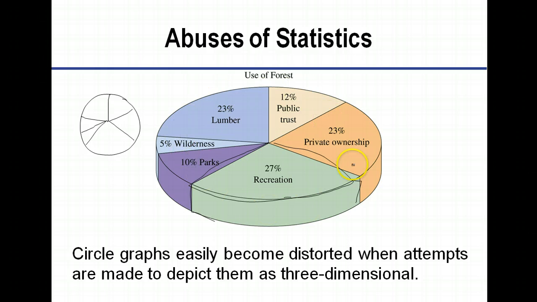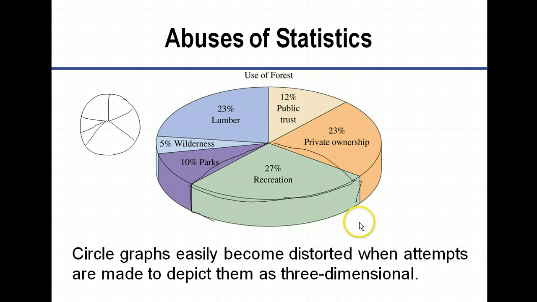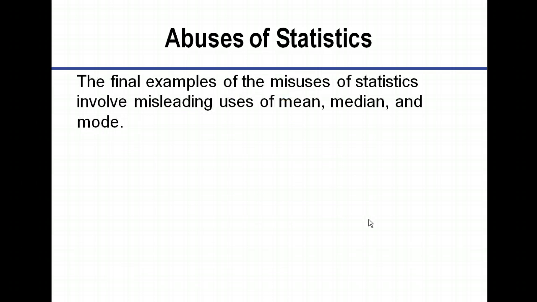Because of perspective, the vanishing-point idea if you know any art, things in front appear larger than things near the back. So the section in front appears larger in a distorted way because of the perspective given to the pie by laying it back in three-dimensional space.